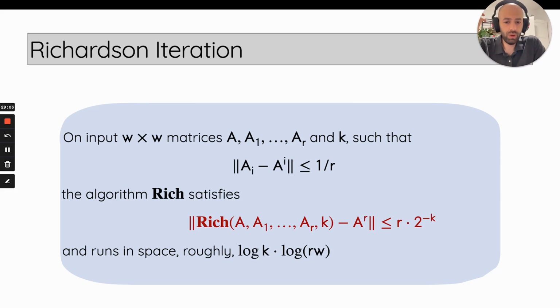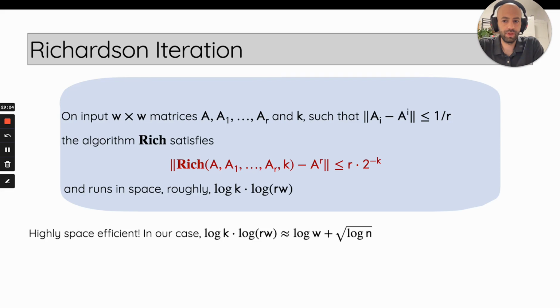Then we have an algorithm that takes A1 up to AR and approximates A to the R to within very high accuracy, 2 to the minus K, and uses very small space, roughly log K times log RW. This is highly space efficient.